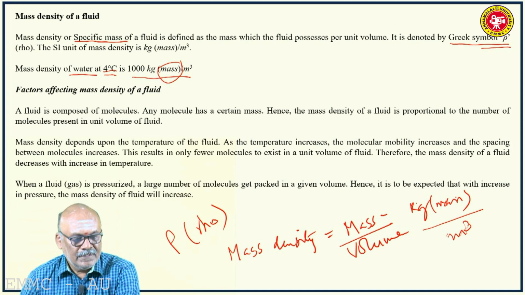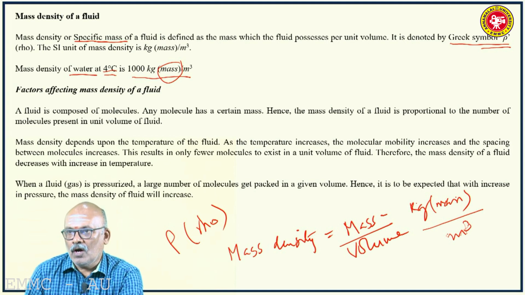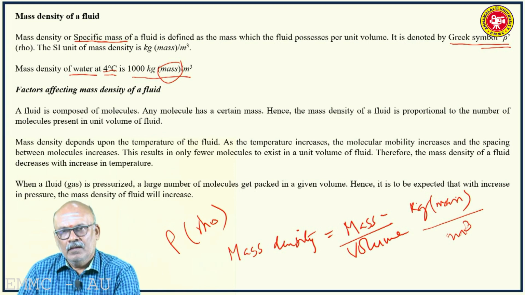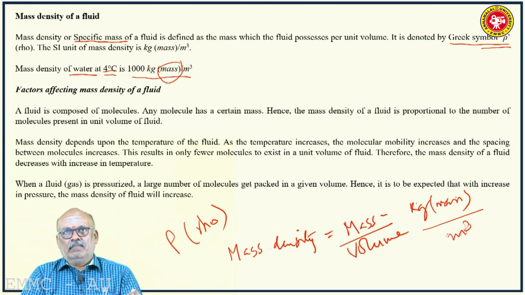Now let us discuss the factors affecting mass density of a fluid. We have already seen that a fluid, or any matter for that matter, is composed of numerous molecules, millions of molecules. Every molecule has a certain mass.